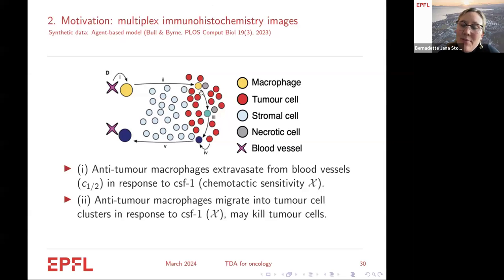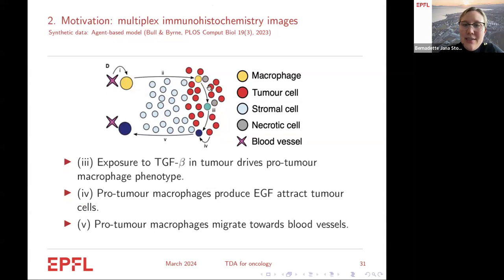And once they are there, they might kill a tumor cell, turning it into a necrotic cell. Now, while these macrophages are close to tumor cells, they're exposed to a second chemical that the tumor is producing, which is TGF-beta, which can drive these macrophages to go from an anti-tumor behavior to a pro-tumor behavior.